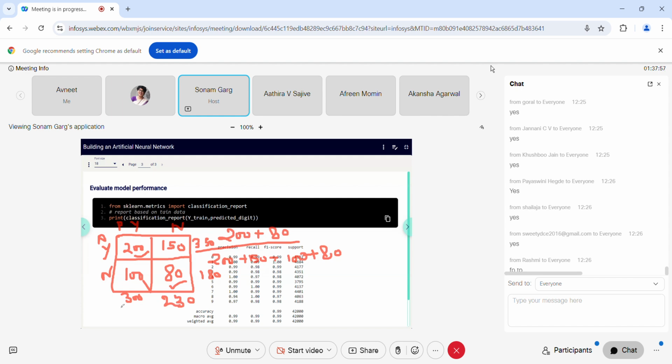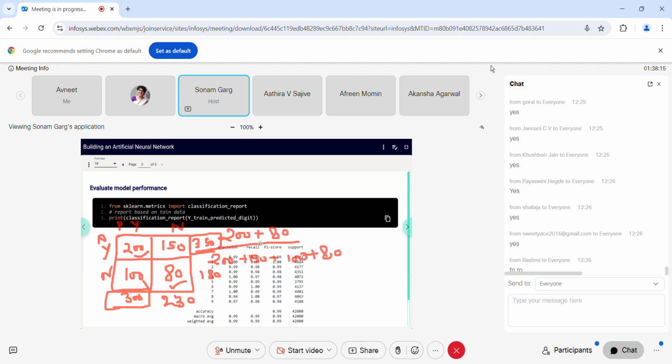So what is this 300 telling us? The 300 tells us the data points which were predicted yes. And what does this 350 tell you? This 350 tells you how many data points were actually yes.